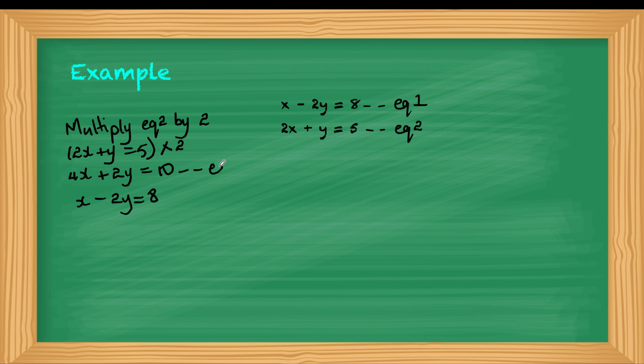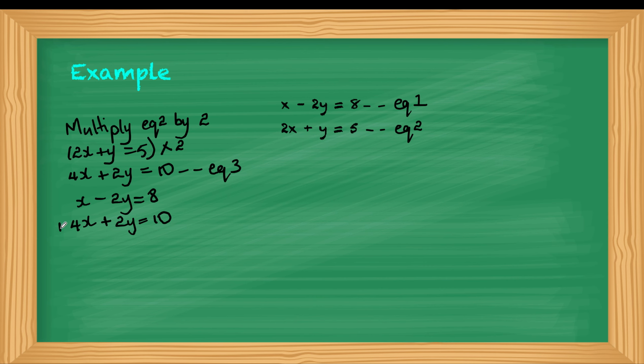I'm going to call this one equation 3. So I'm going to write it here. So I'm going to end up with 4x plus 2y is equal to 10.